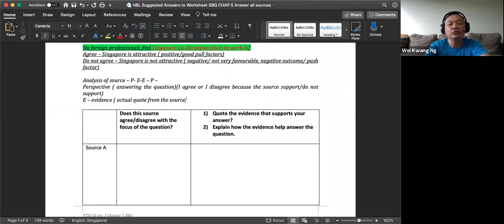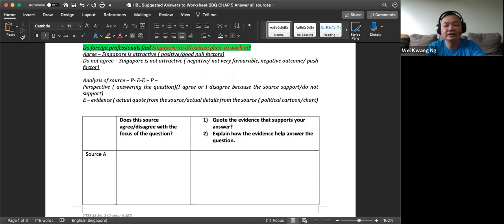And if you are looking at a cartoon, or maybe something like a chart or even a table, I'm looking at something called a description, the actual detail, so what you actually see from the source. So these are things like a political cartoon, or a chart, and you are explaining what is inside the content itself. So this is what we call evidence.